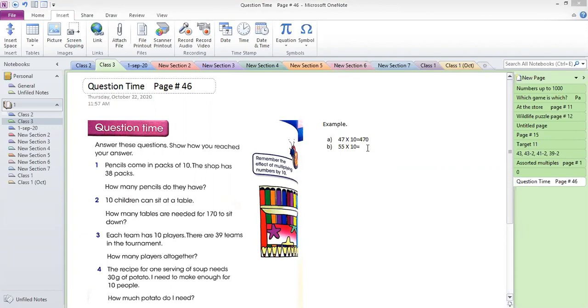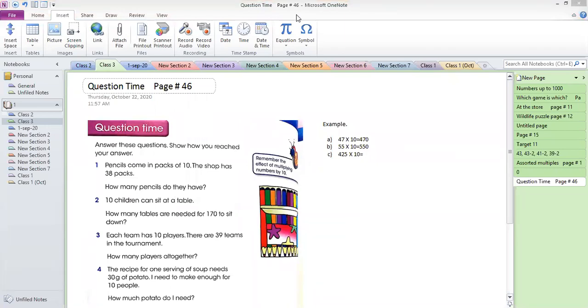The next question, you answered 550. Let's suppose if I ask 425 multiplied by 10. Can you tell me the answer of this? 425 multiplied by 10.